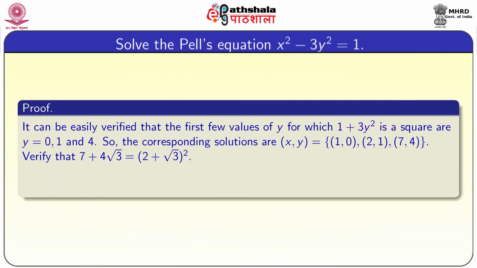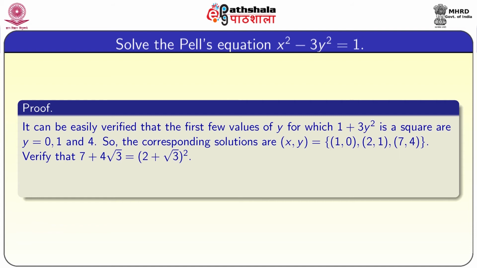Now, we are going to solve one particular Pell's equation, where the d value is equal to 3. So, x² − 3y² = 1. It can be easily verified that finding a solution to x² − 3y² = 1 is the same as x² = 1 + 3y², that is, for what values of y is 1 + 3y² a square.